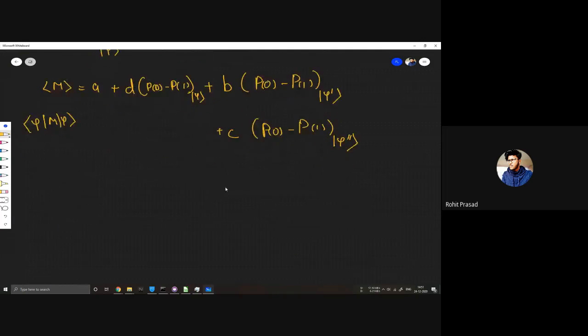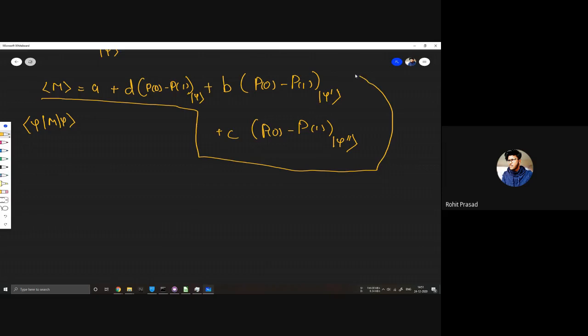Now, how to implement this? This is the main thing I wanted to get to in this class. If we have an M that's Hermitian, like M conjugate transpose is equal to M, then we can write it in a form that can be used by a quantum computer to find the minimum value of that expectation.